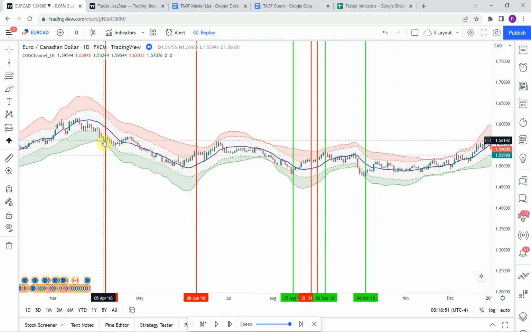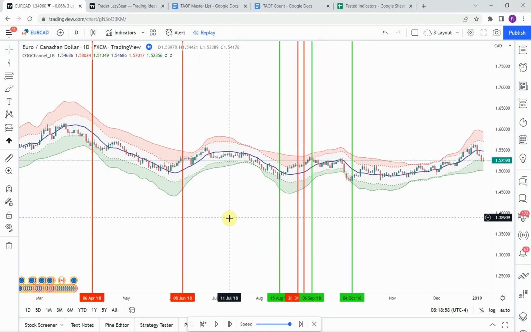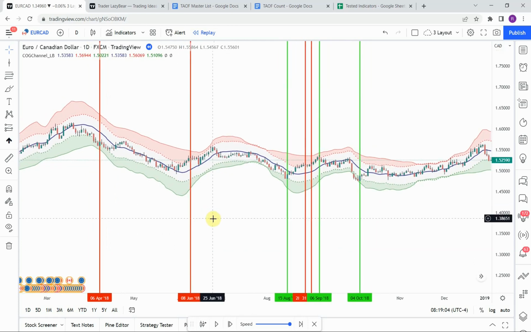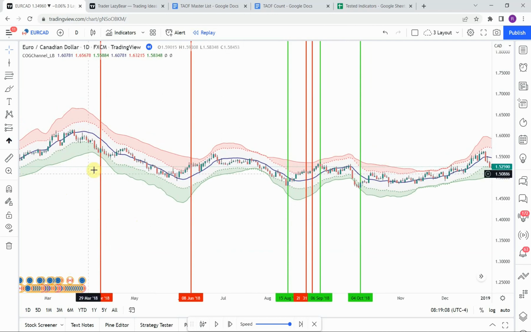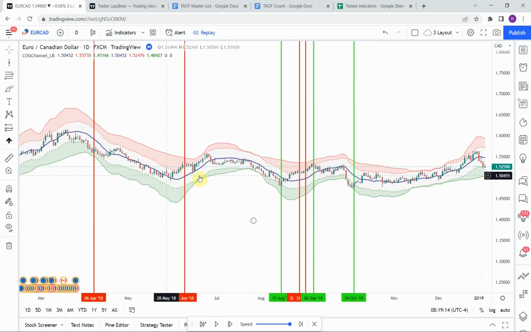Instead of going long when it closes down below, we would go short. Instead of going short when it closes above, we would go long, kind of as a sign of momentum.